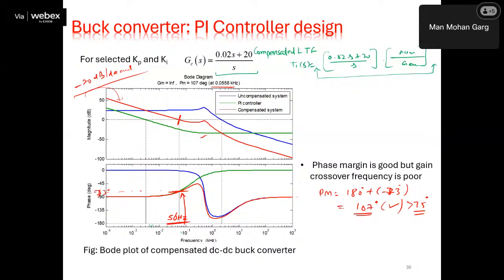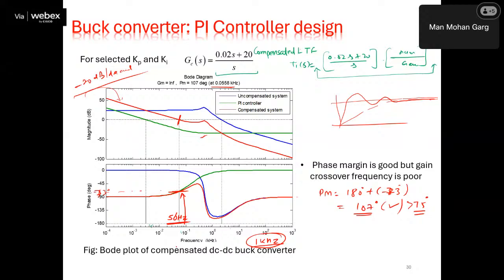It is far below what we wanted, 1 kilohertz. What will be the impact? Your steady state error becomes 0. It will follow with steady state error 0, right? But the time to track this will be large enough because the gain crossover frequency has been reduced.